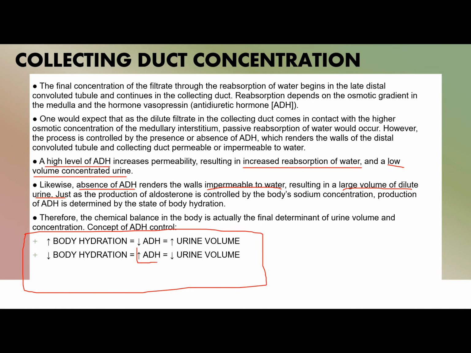So when ADH is high, ADH will cause reabsorption of water, and when water is reabsorbed, urine volume decreases. This typically occurs when there is low body hydration. So when you are dehydrated, class, your ADH goes up.